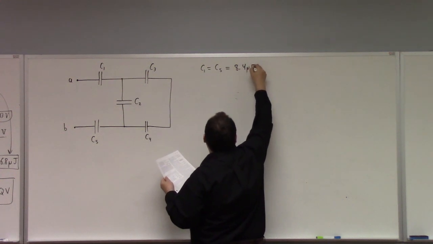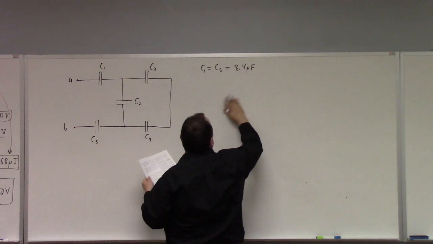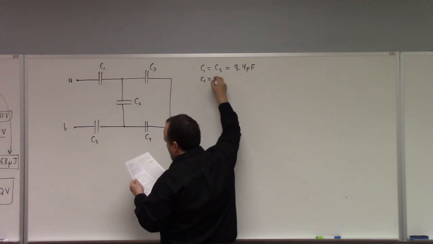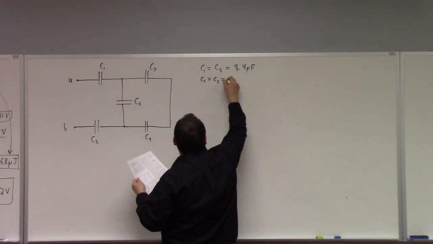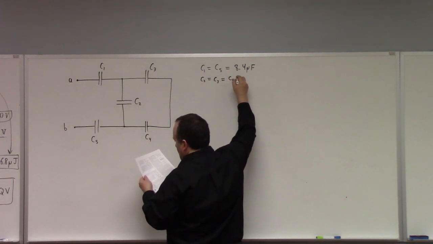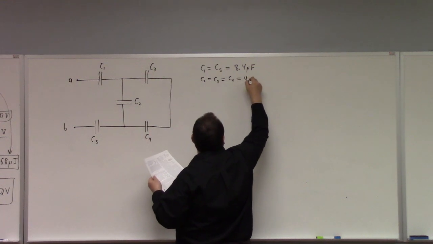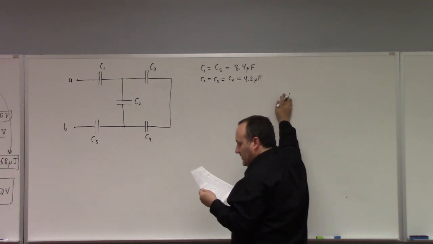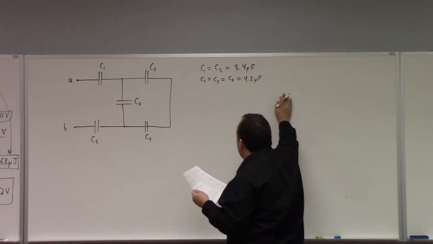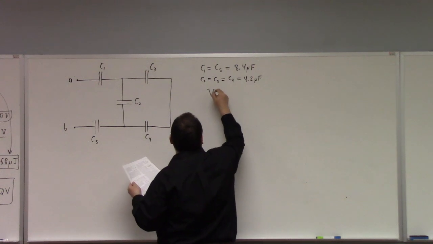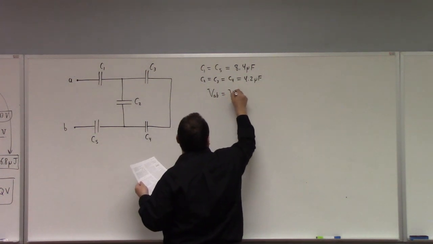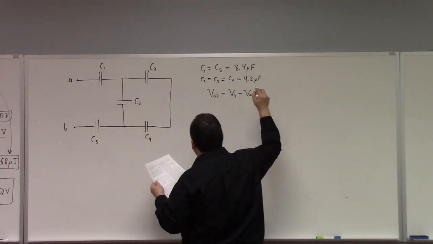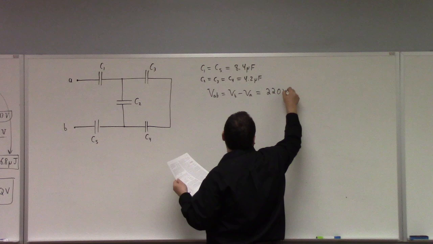I really don't like when the numbers are put on the capacitors. It's much nicer when they're written like this, I think. So you've got your 8.4 microfarads and your 4.2 microfarads, and your VAB, the applied potential, which I've been writing as VB minus VA lately, is 220 volts.